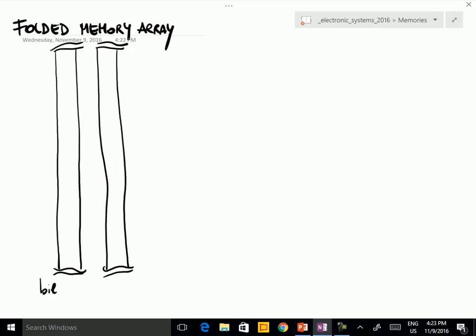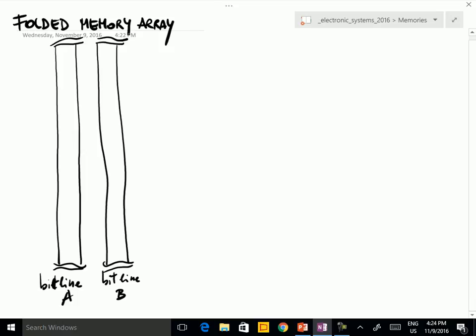Let's call them bit line A and bit line B. Of course, one of the bit lines is used as the actual bit line, and the other one is used as the comparison bit line. And then if I consider the word line for 1 bit line, the situation is exactly the same that I drew before.